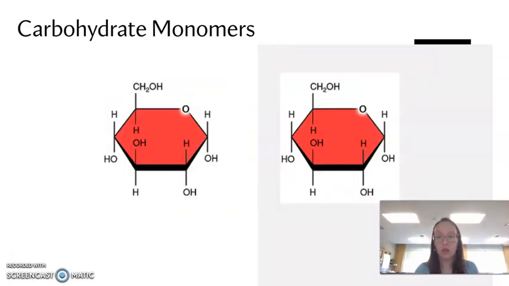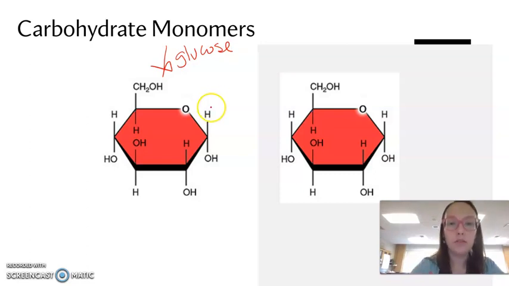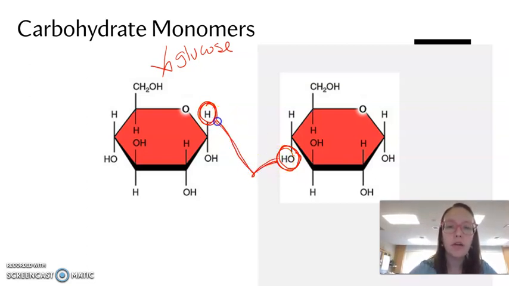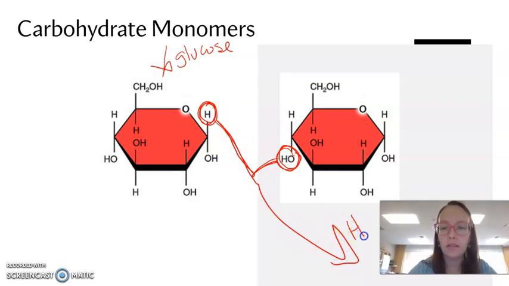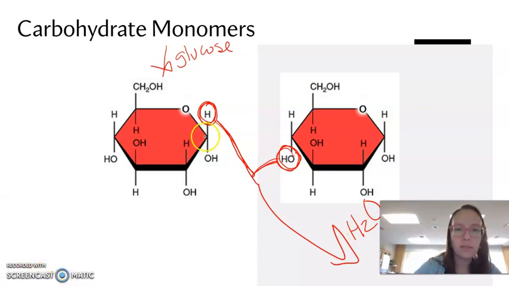Let's take a look, not with that general circles picture, but with something more specific. Each one of these is a carbohydrate monomer. This is a glucose. Notice over here, I've got this hydrogen chilling out here. I've got this hydroxyl chilling out here. They see each other and they run away together, woo, as H2O. Then these other two, there's an empty space.